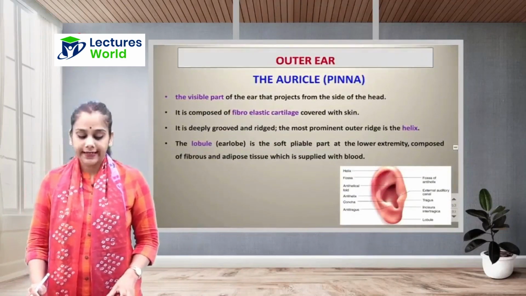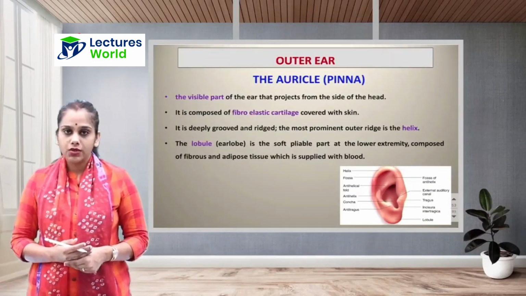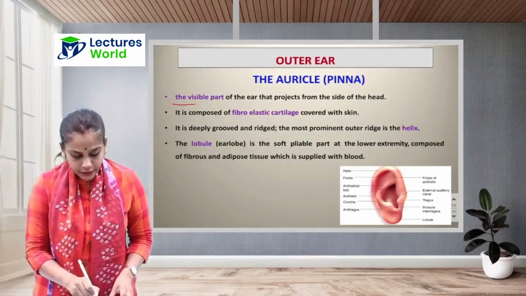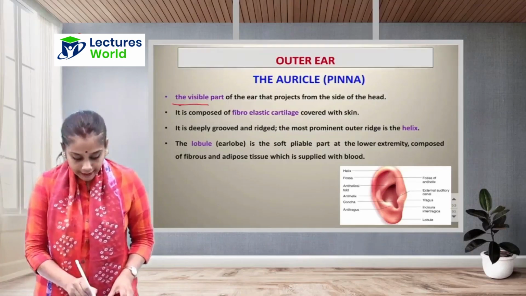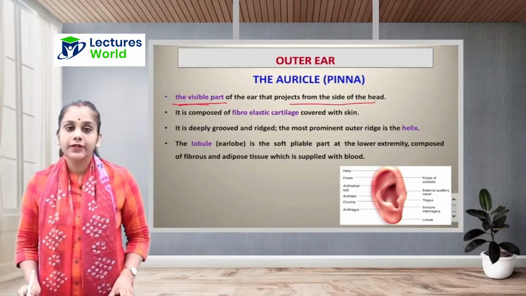Now in the outer ear, the first part is the auricle. It is also known as the pinna. It is the visible part of the ear that projects from the side of the head.